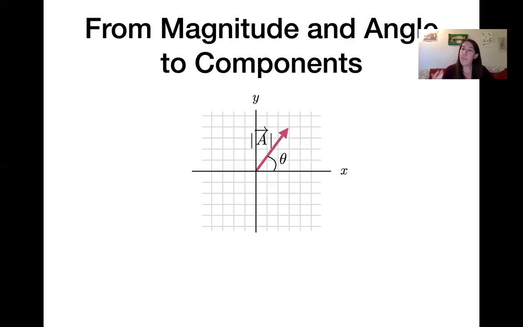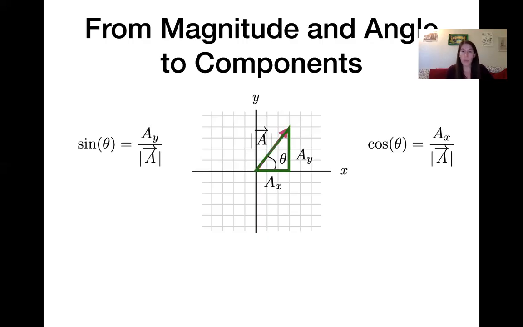All right, so what if instead of giving you the components, I gave you the magnitude and direction of the vector? So I said I have some vector that is 5 units long, pointing at 30 degrees, measured counterclockwise from the x direction. How could I find the components? Well, again, this is just trigonometry.